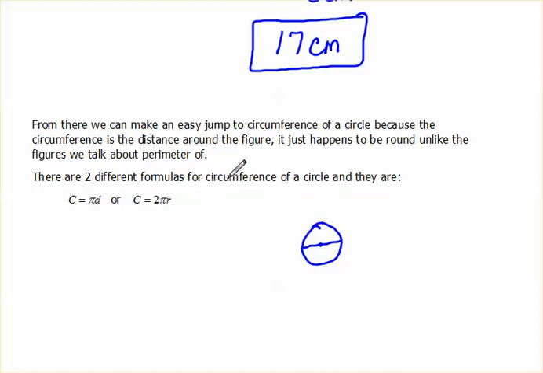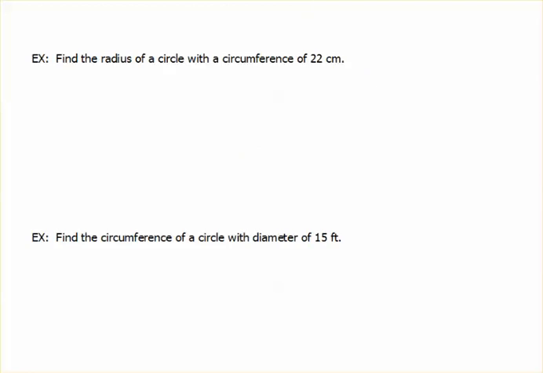Okay, so let's see what they're going to have us do with this. Here it says find the radius of a circle with a circumference of 22 centimeters. Okay, so since they're talking about radius, let's use the radius formula. So the circumference would equal 2 pi times the radius. Well, in this case, they've given us the circumference is 22, and they want us to solve for r, the radius.